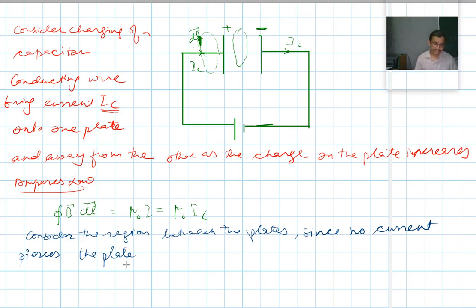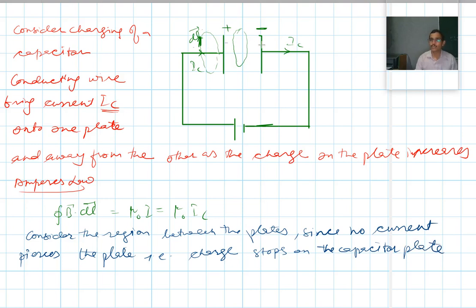That is, charge stops on the capacitor plate and stays here. It cannot flow from this end to this end.